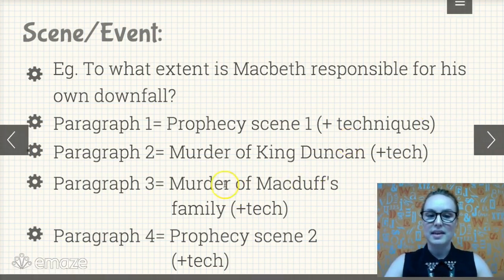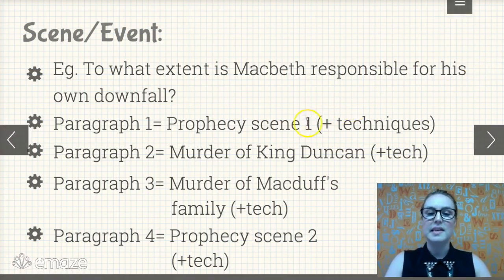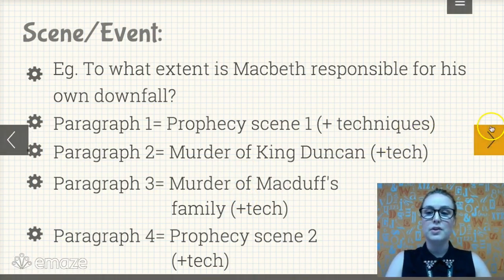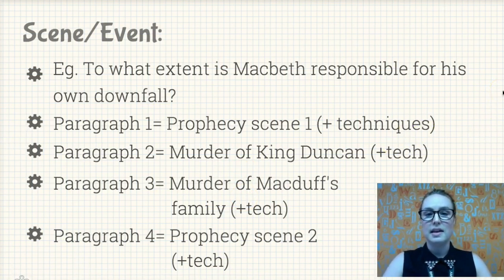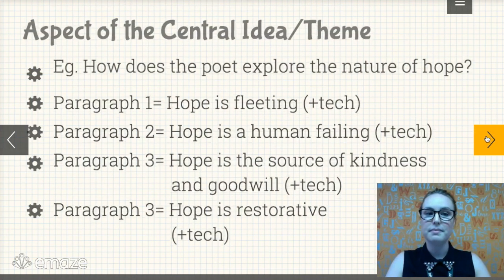So in this essay, if it was me, I would break it down in terms of scenes. So each of these scenes, who is to blame for the actions or the events that are happening? So the prophecy scene, the murder of King Duncan, the murder of Macduff's family, and the prophecy scene number 2. So you would talk about each of these scenes and break it down, analyse, and also discuss techniques. Really important that you don't forget that one.